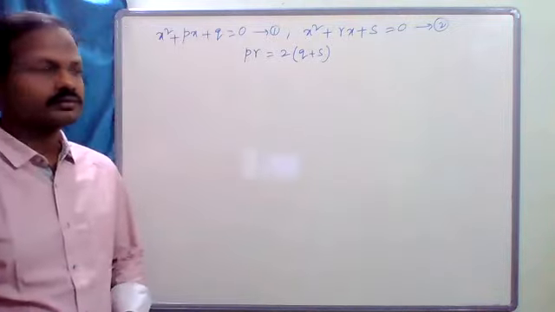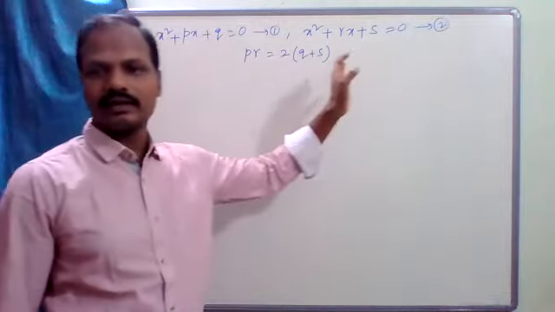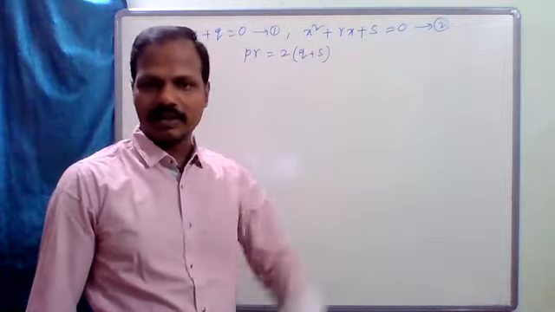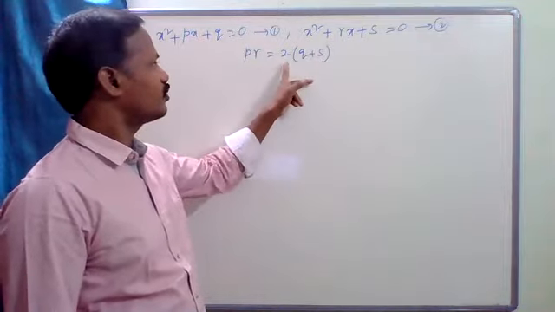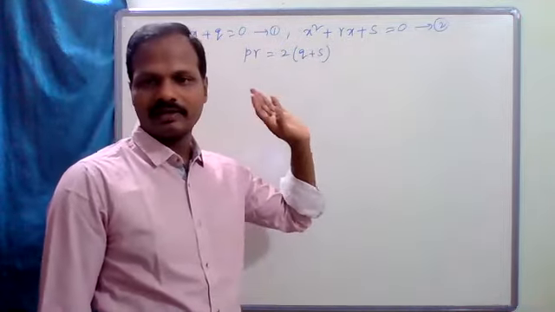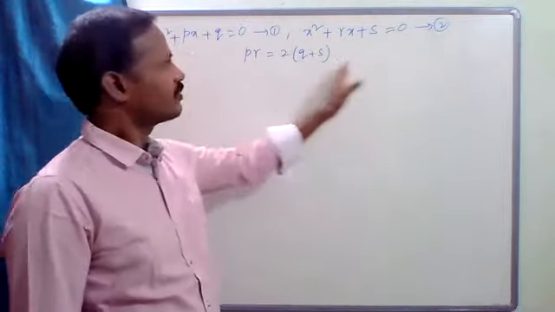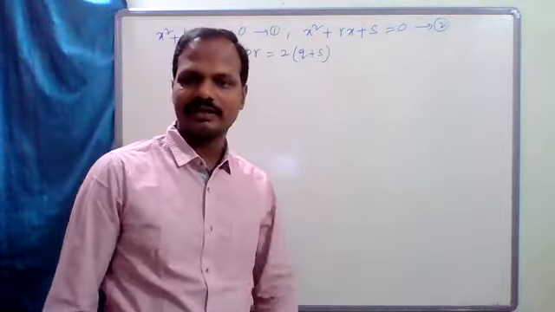Here p, q, r, s are real numbers, and they satisfy the condition pr equals 2(q plus s). Then what can you say about the roots of the quadratic equations?